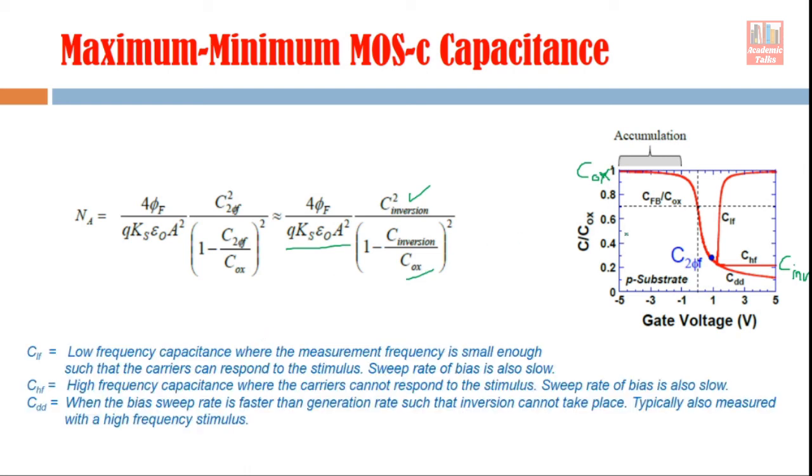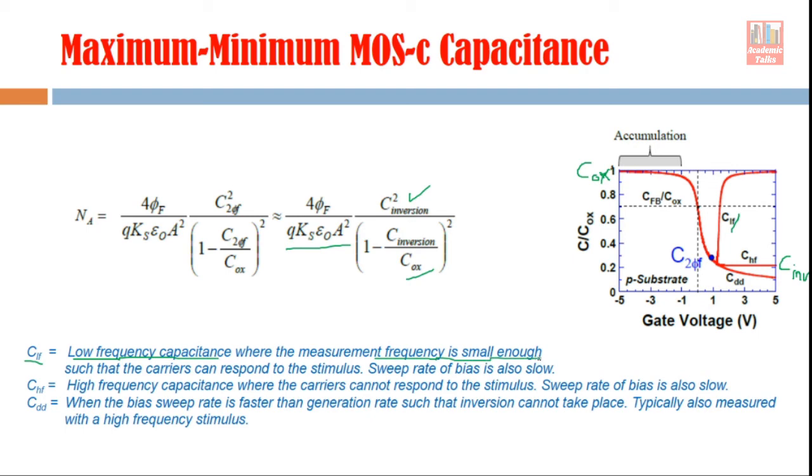The parameters indicated here in the graph are explained in these lines. The CLF is the low frequency capacitance. I told you that this part of the graph is your low frequency. This low frequency capacitance occurs when the measurement frequency is small enough.